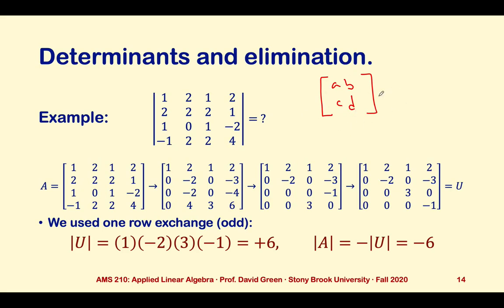The determinant of this matrix is very often written just replacing the square brackets with vertical lines, the symbol for the determinant.